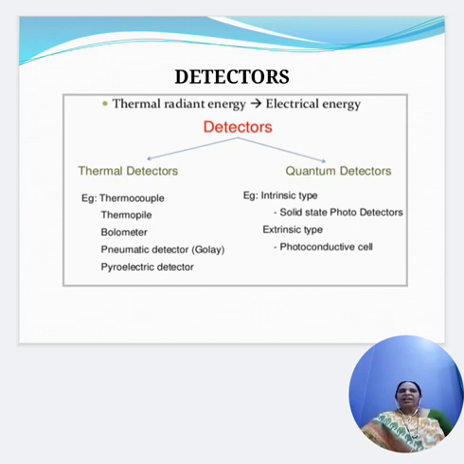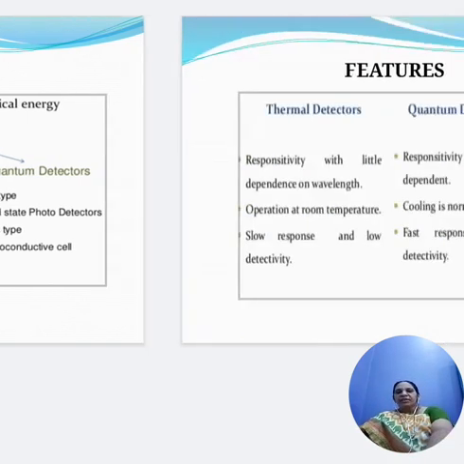Examples of thermal detectors are thermocouples, thermopiles, bolometers, pneumatic detectors and pyroelectric detectors. The second classification is the quantum detectors. Examples are intrinsic type solid state photodetectors and extrinsic type photoconductive cells. So these are the two types of detectors, thermal detectors and quantum detectors.